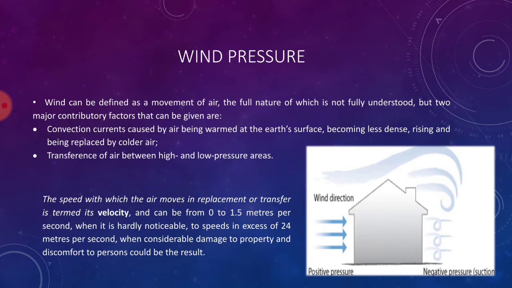Basically, wind pressure. What is wind? Wind can be defined as the movement of air, and we'll be focusing on wind pressure and its velocity, which can be from 0 to 1.5 meters per second when wind is hardly noticeable and has basically no effects, to speeds in excess of 24 meters per second, such as cyclones or hurricanes, when considerable damage to property and discomfort to persons can be the result.